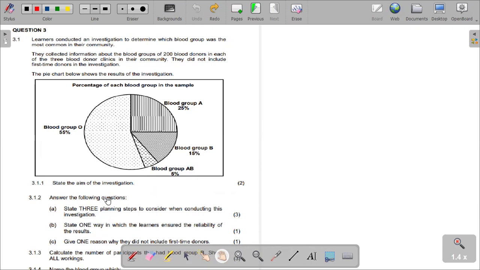The aim of the investigation, question 3.1: state the aim of the investigation. The aim is to determine which blood group is most common in the community. It is to determine the most common type of blood group in the community.